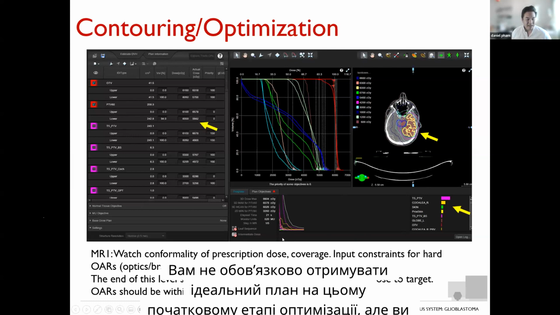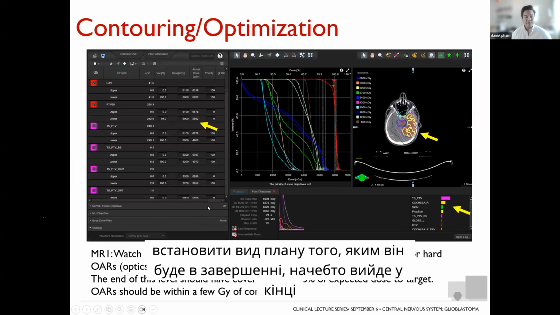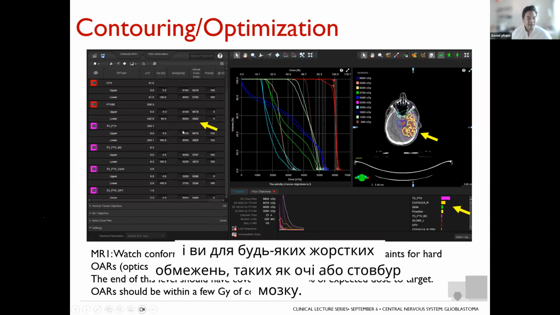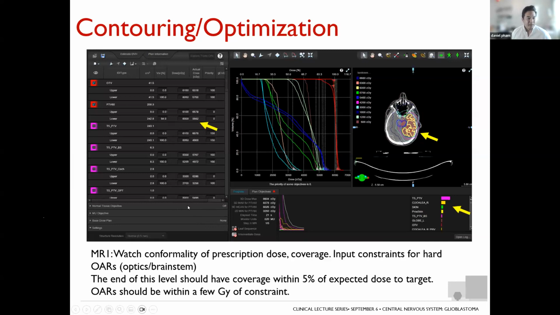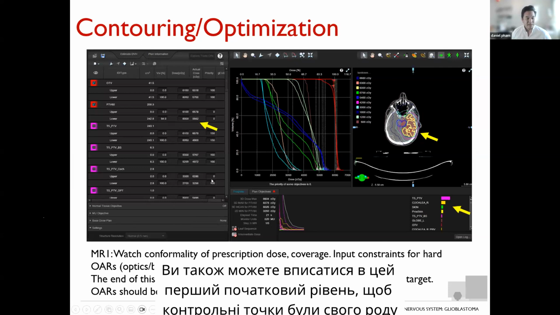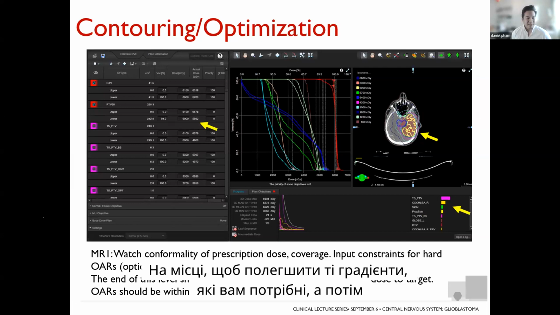You don't have to get a perfect plan at this initial stage, but you should be able to set the blueprint for how the plan turns out in the end. And for any hard constraints such as optics or brainstem, you can also feed them into this first level so that the control points are in place to facilitate the dose gradients that you need.